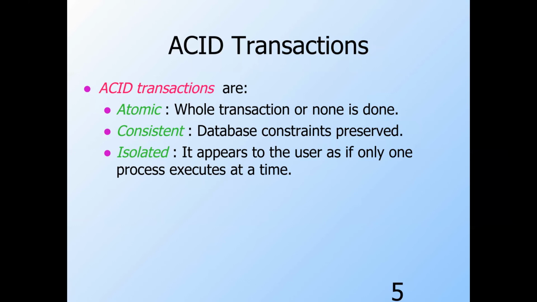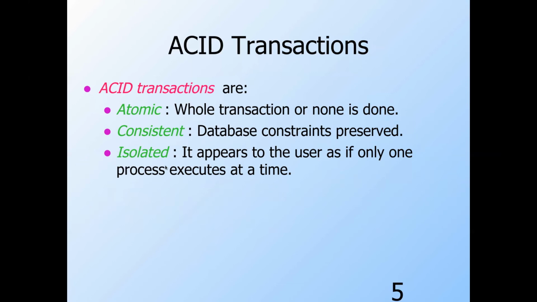That's what the I in isolated means. You might feel like maybe there's 1,000 people accessing the database simultaneously, but you're given the impression that you're the only user. So you feel isolated from others. So you don't see things changing around a lot. When you look at the database, it's the same. It's always consistent. Now, of course, that's impossible to maintain purely.